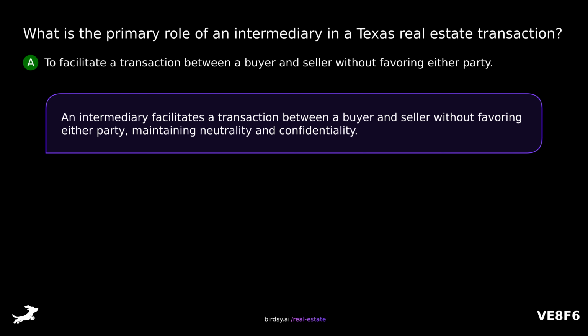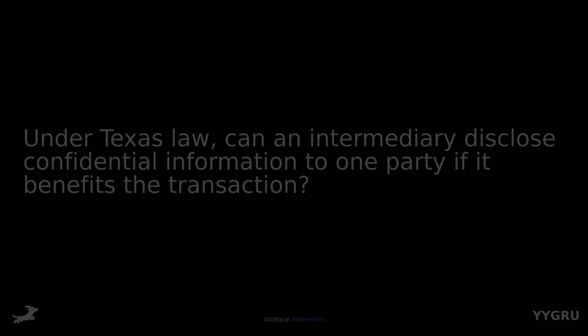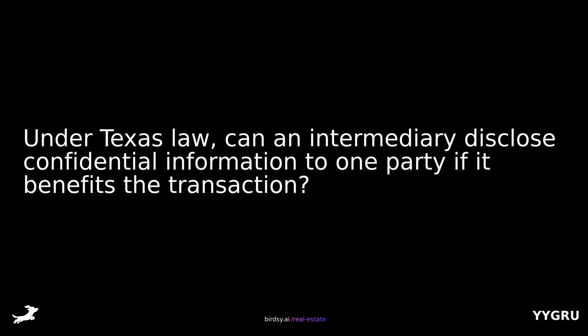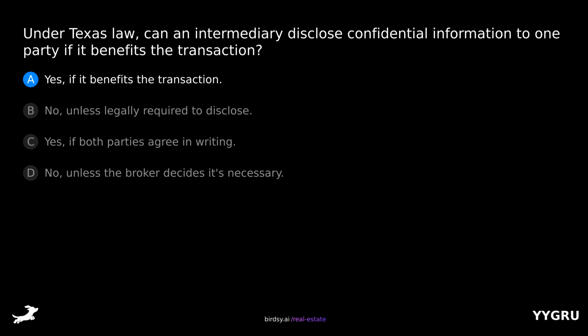maintaining neutrality and confidentiality. Under Texas law, can an intermediary disclose confidential information to one party if it benefits the transaction? Is it A, yes, if it benefits the transaction? B, no, unless legally required to disclose? C, yes, if both parties agree in writing?